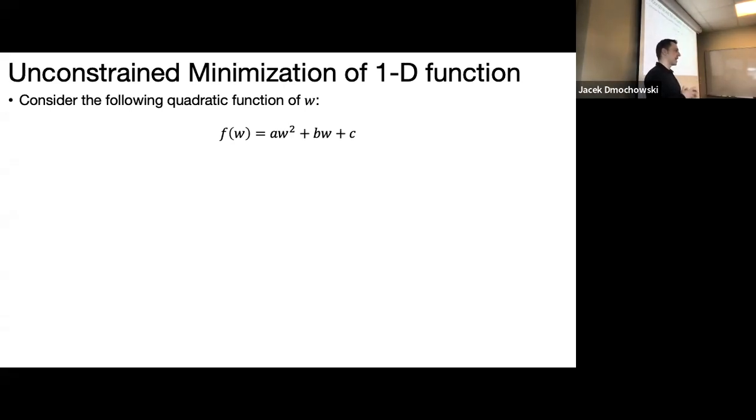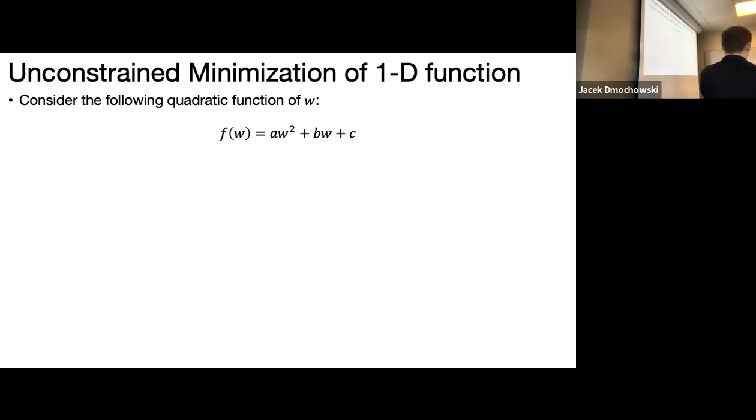We don't deal with the case of vector or matrix functions. For example, you can have F being a matrix and W being a matrix, and then that becomes really difficult because you have very, very many partial derivatives in that case. But this is the simplest case. F is a scalar function of a scalar parameter W.